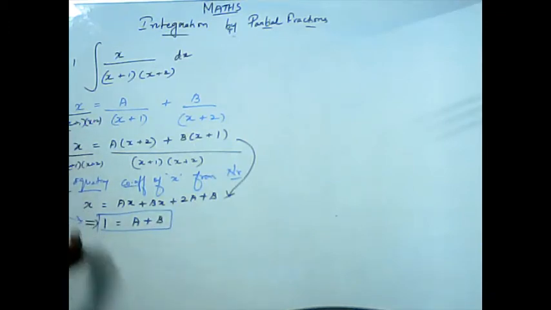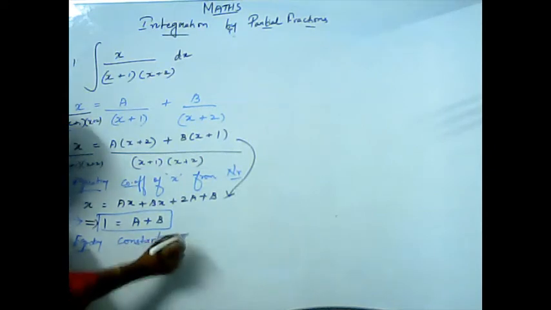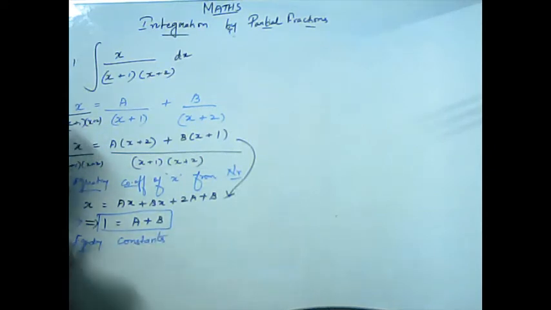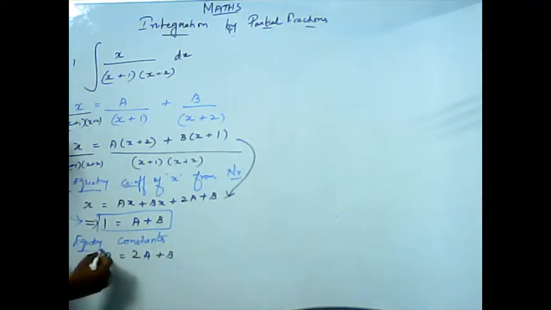So that is equating the coefficients of x. Next, equating constants. What do we have? 0, we don't have any constants. So 0 is equal to 2A plus B. So these are the two equations.